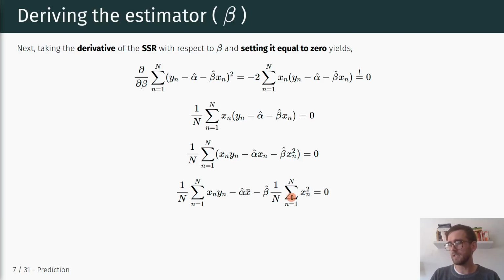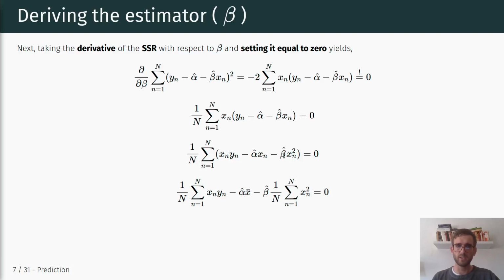And again, we do the same thing here, where we can't really do anything right away with the sum from n equals 1 through capital N of 1 divided by n of xn squared. But this beta hat, of course, doesn't have a subscript n, so this is multiplying some variable by a constant in a sum.